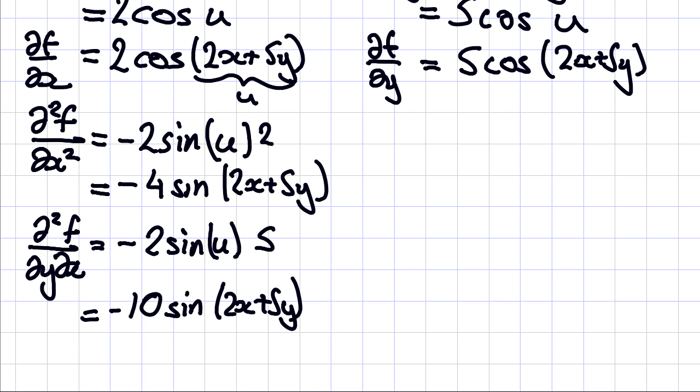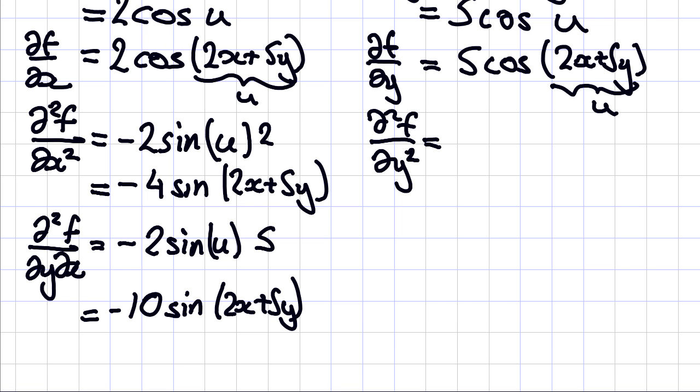Now let's look at the higher order derivatives based on df dy. So first of all, I can take d2f dy squared. So that's just d by dy of df dy, and same as before, 2x plus 5y, that's just u.